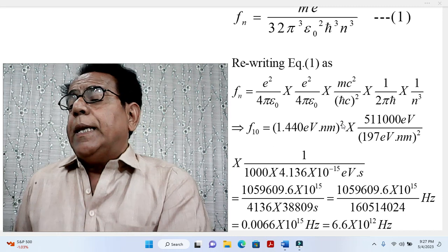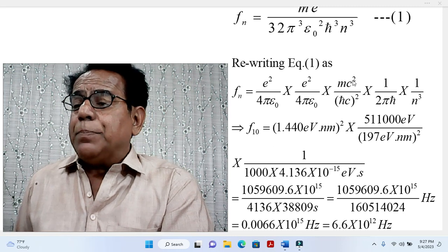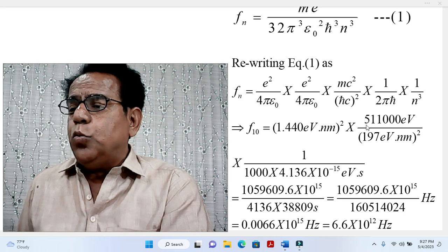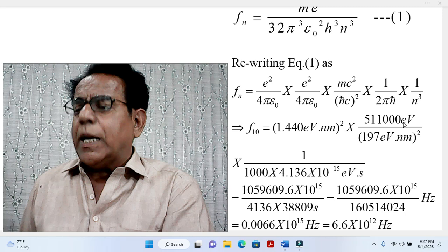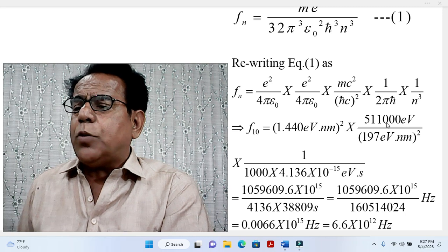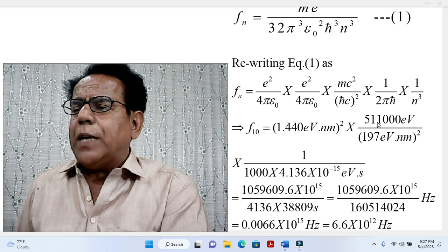Next, in place of mc square we have written its value, 511,000 electron volt. In place of this we can also write 0.511 million electron volt.